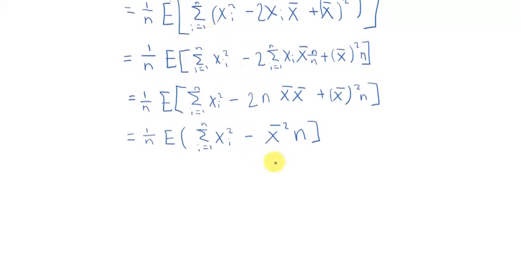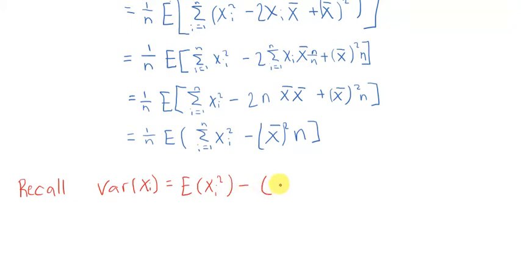Now, I've been trying to be careful with this and make sure it's really obvious what's going to be happening here. So, a quick break from the proof. Recall that the variance of any x, so I could say xi, is equal to the expected value of xi squared minus the expected value of xi, squared, where the square is outside of the expected value.